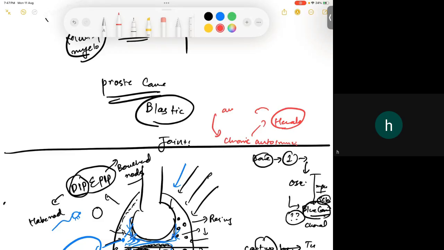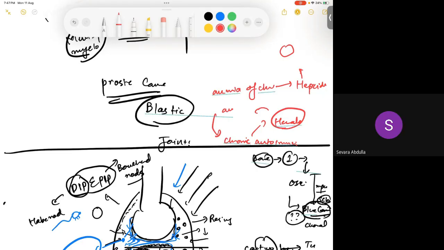Anemia of chronic disease. What do we have in anemia of chronic disease? Hepcidin. Hepcidin basically sequesters all of the iron in the macrophages of your liver, and as a result we can have iron deficiency, which is going to lead to which anemia?